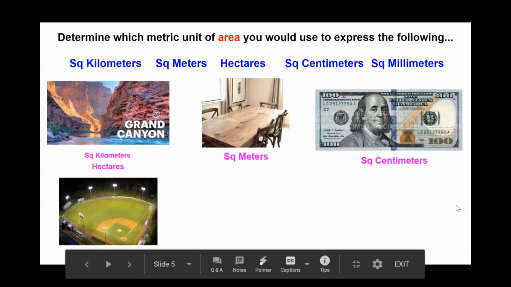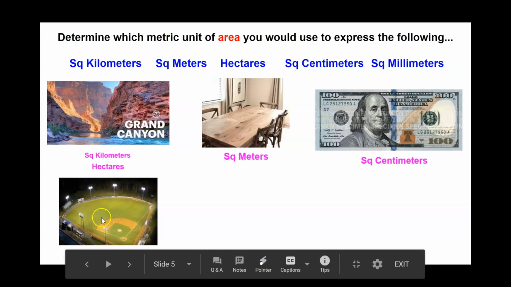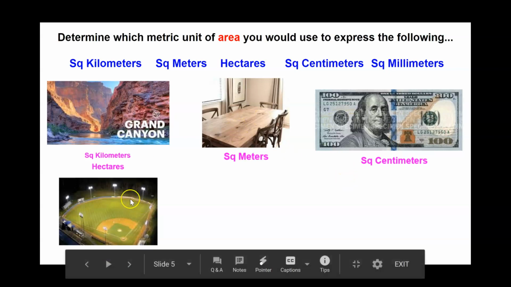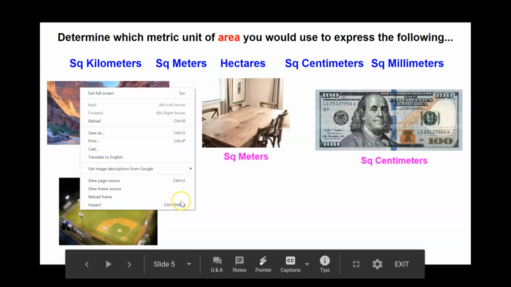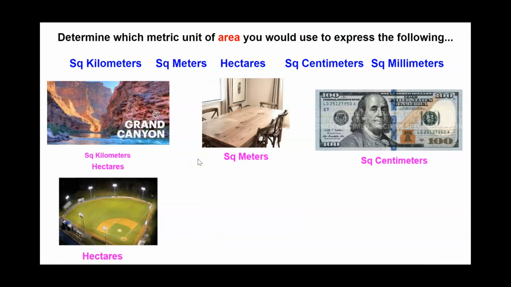But then again, if this answer is square meters, how many tables do you think it would take to fill up this baseball field? If I put this table out on this baseball field, how many tables would actually cover all this green? What do y'all think?